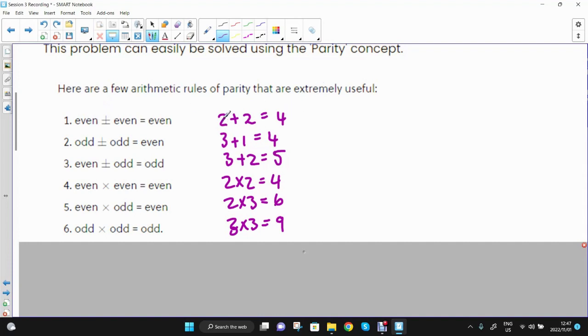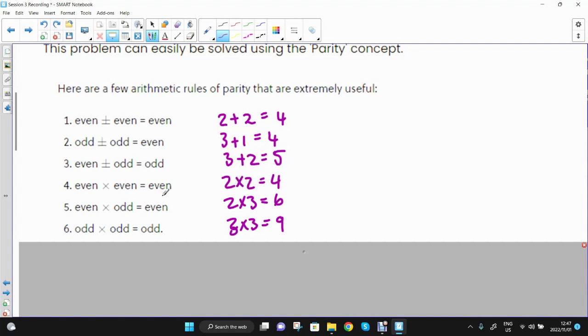So there's your first example. 2 plus 2 is equal to 4. Then if you do the same with odd numbers, so if you add or subtract 2 odd numbers, you also get an even. And if you have 1 even and 1 odd, and you add or subtract them, you will then only get an odd answer.